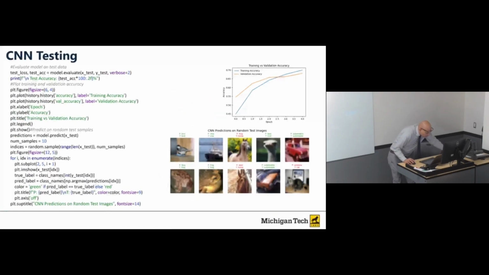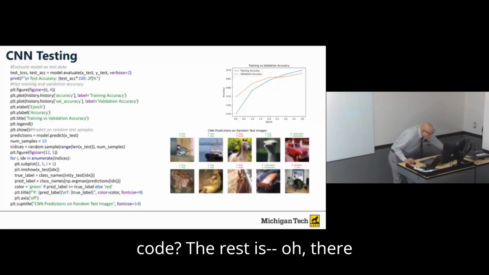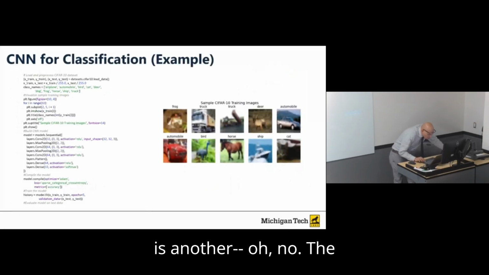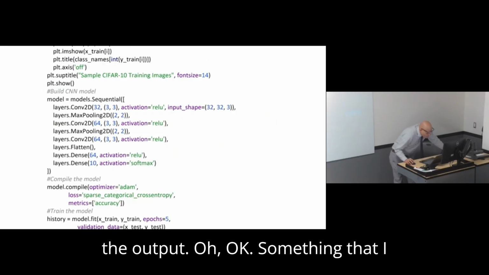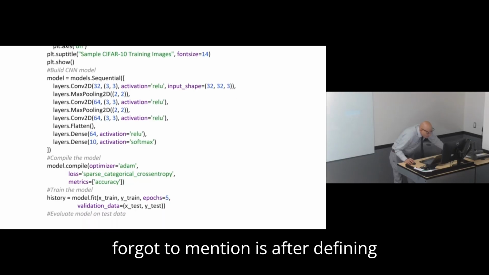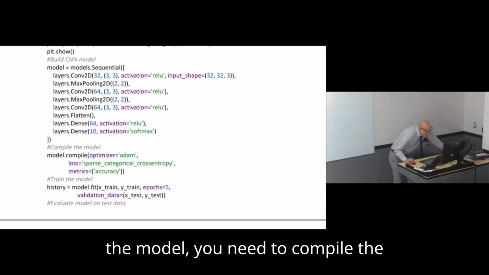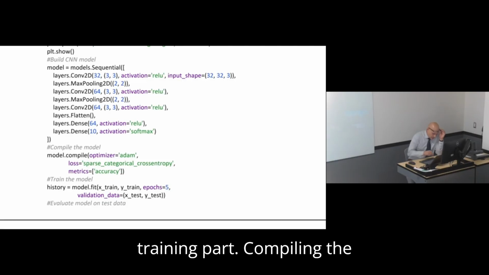Anything else I want to mention in this code? No, the main part is here, defining the model happens in this part. The rest is just showing the output. Oh, okay, something that I forgot to mention is that after defining the model, you need to compile the model. Compiling the model is the training part.